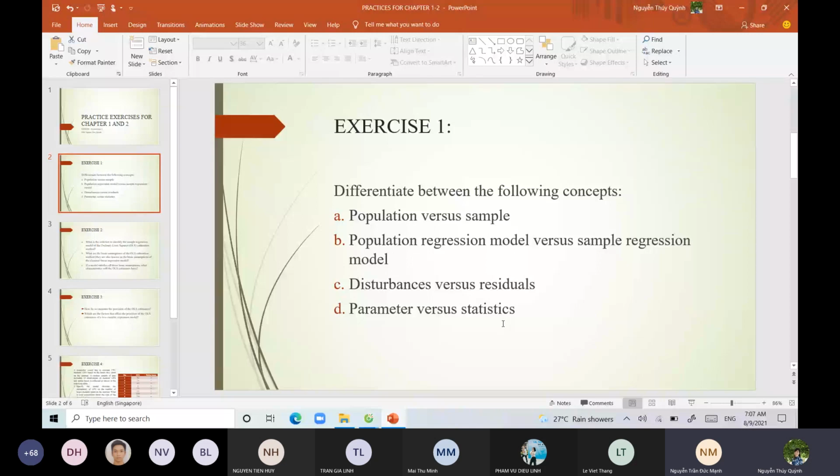Okay, actually, in research, we use one sample, but we can draw different samples. We can take different samples from one population, which means that for one population we can have various samples.